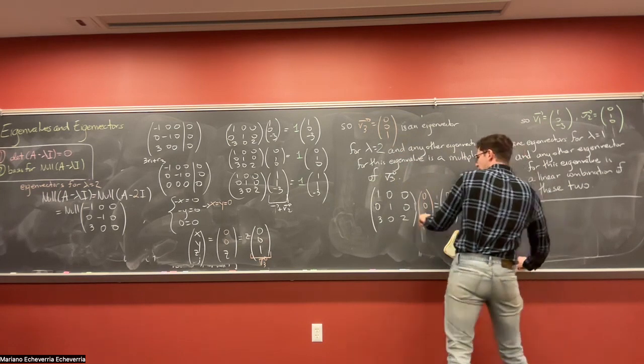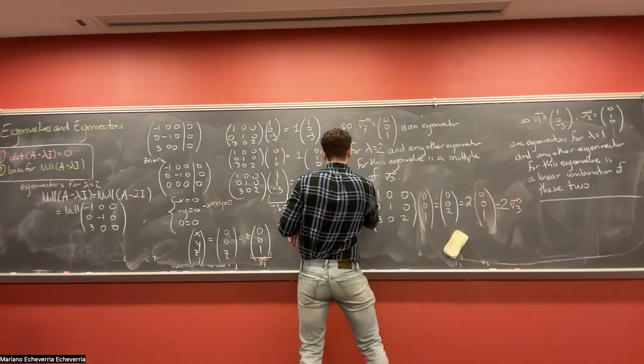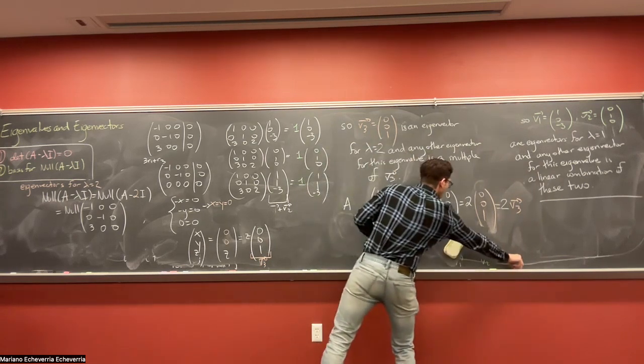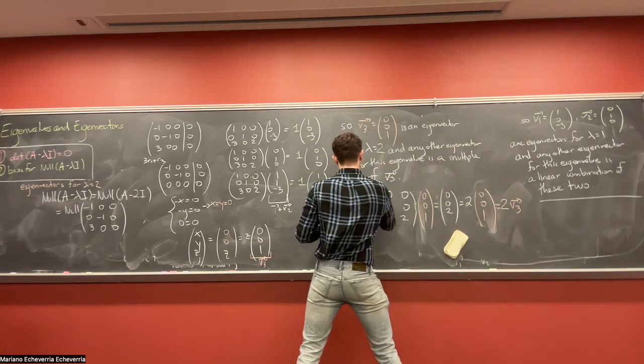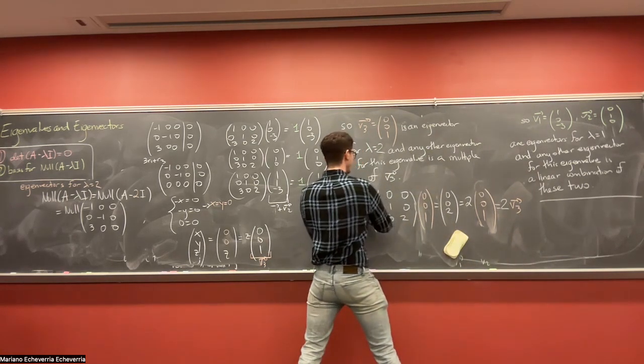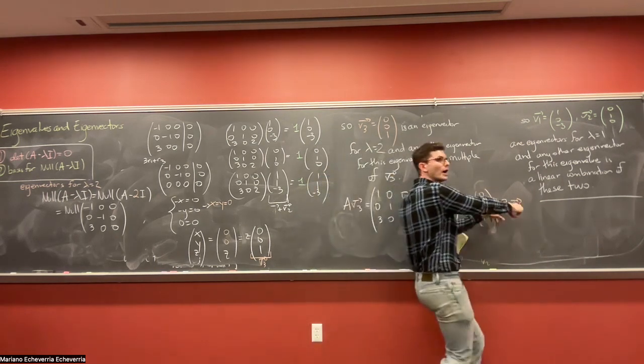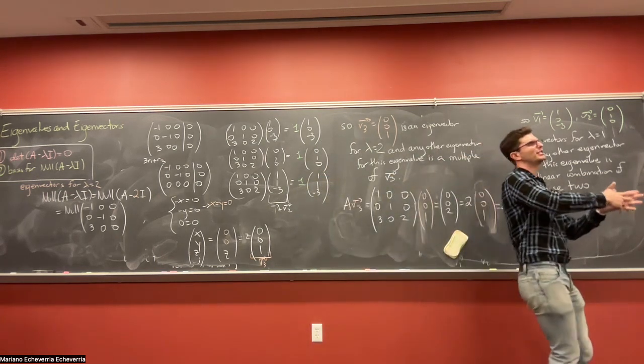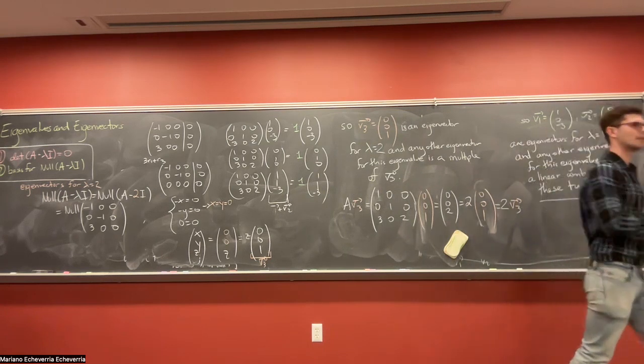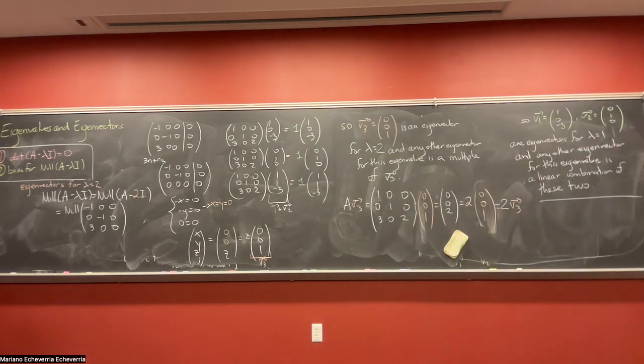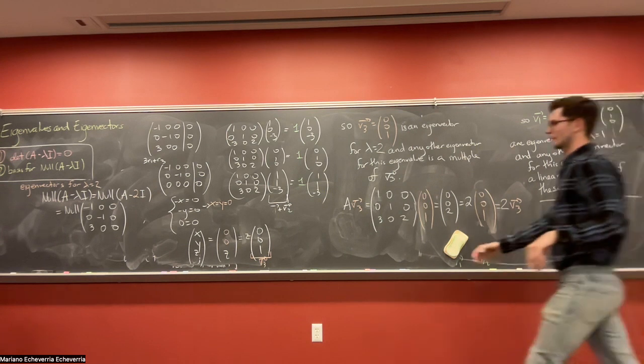So A times V3 comes out to be twice V3. It's just saying that you double the vector V3.